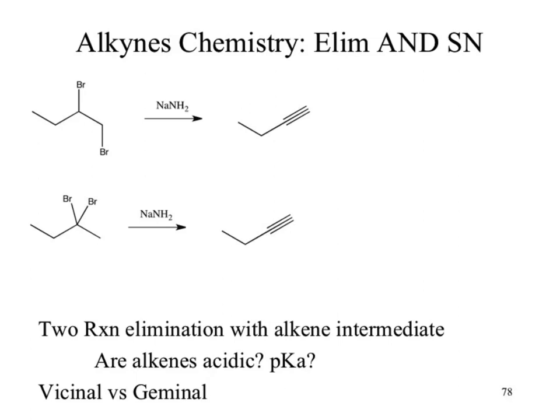I lost a leaving group, bromine. I also got rid of a hydrogen, and in place of that, I got a pi bond. But I did it again. So it's just two back-to-back eliminations. Those two back-to-back eliminations happened in such a way where I formed a triple bond. Is that triple bond any different than really an alkene? No, it's just the formation of a pi bond.